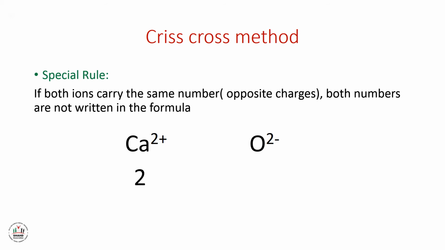Under each ion we write 2 because the charges are +2 and -2. Now cross the numbers with the symbols. Ca times 2 is Ca2. O times 2 is O2. But instead of writing Ca2O2, we can write CaO because the numbers are equal.